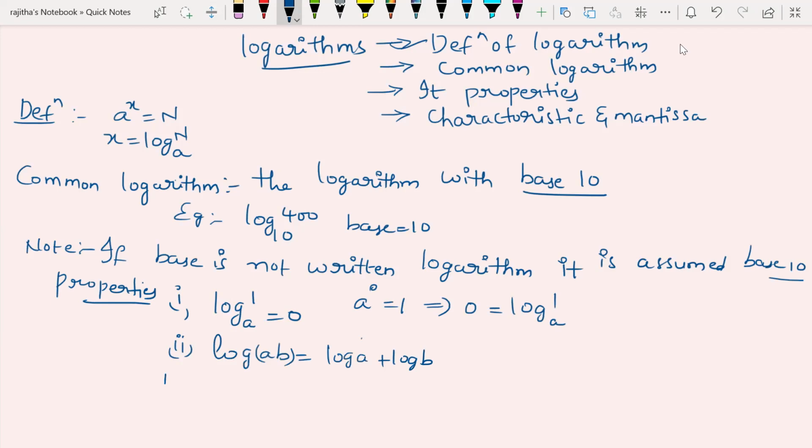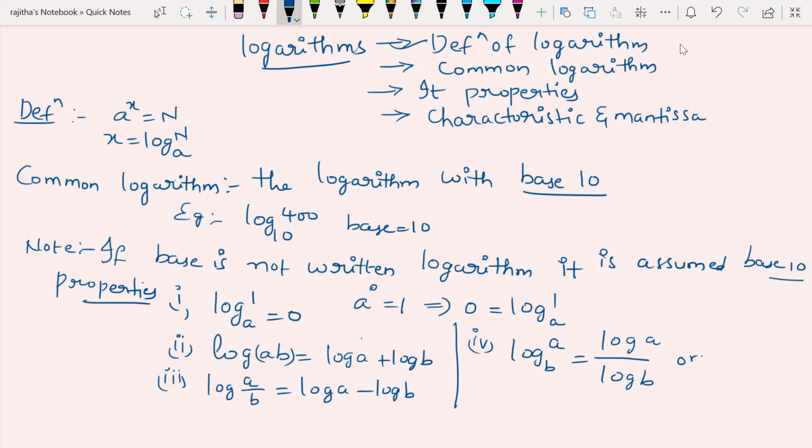Next one, logarithm of a by b is equal to logarithm of a minus logarithm of b. Next property, logarithm of a to the base b is equal to logarithm of a by logarithm of b, or 1 by logarithm of b to the base a.